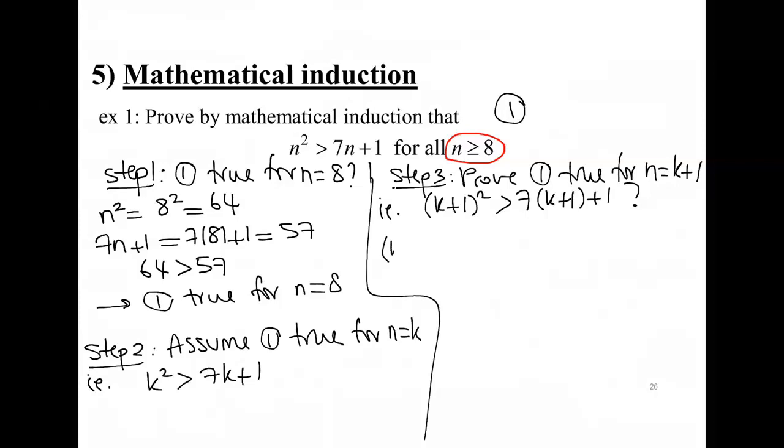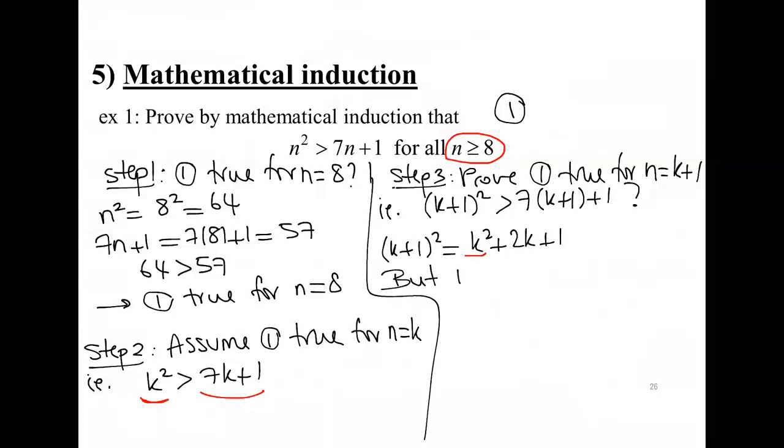Now k plus 1 all squared is equal to k squared plus 2k plus 1. So you notice that in k plus 1 all squared, I have a k squared, which in step 2, I know that k squared is greater than 7k plus 1.